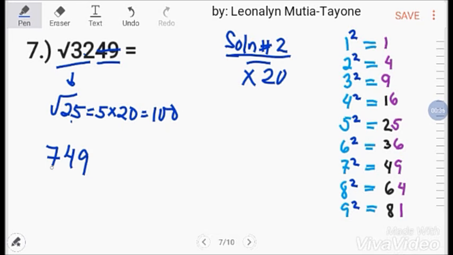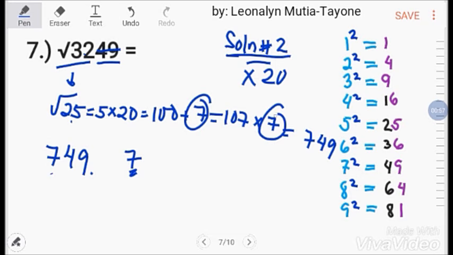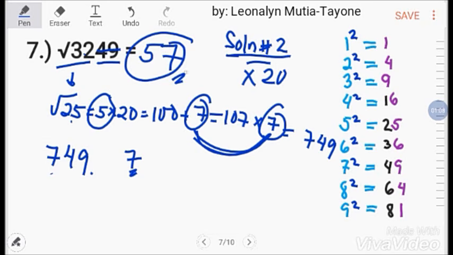So, 749. 749 divided by 100, that is 7. So, yan yung pang-add natin, equals 107 times 7 equals 749. So, ito pariho siya. 5 ang ilagay natin dyan, at itong pariho, yan yung 7 natin, yan yung second digit, and the answer is 57.